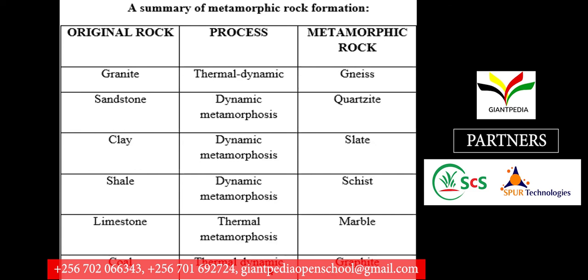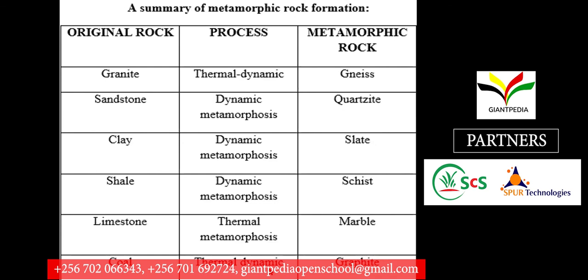Thirdly, they may be recrystallized because of the heat and pressure, the nature of the crystals may change, and recleavaged. If you remember what we talked of about rock cleavage, the weak bonding points are rearranged or changed.